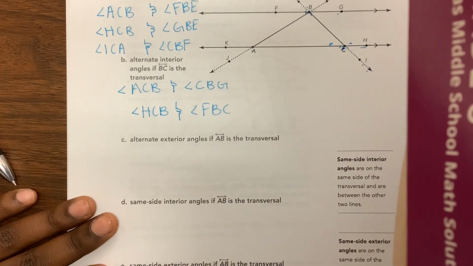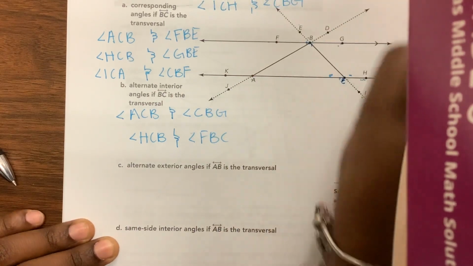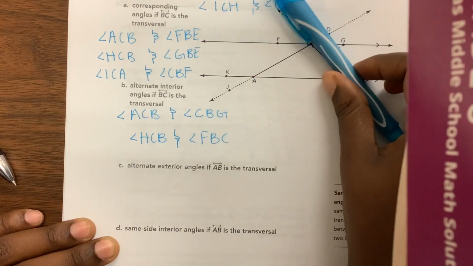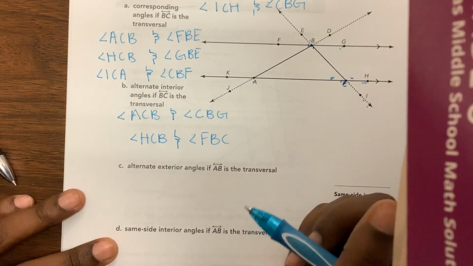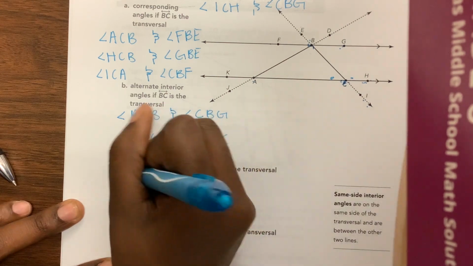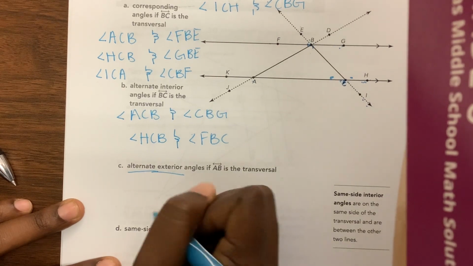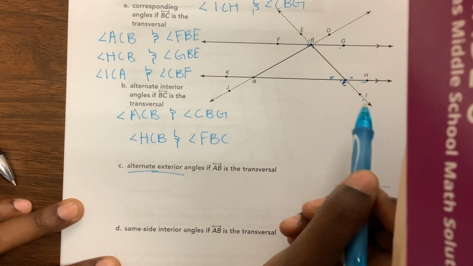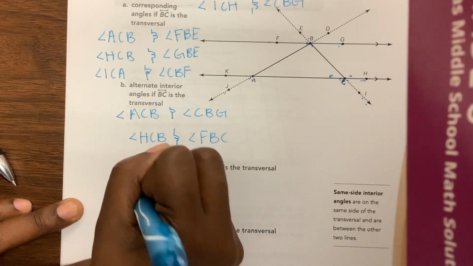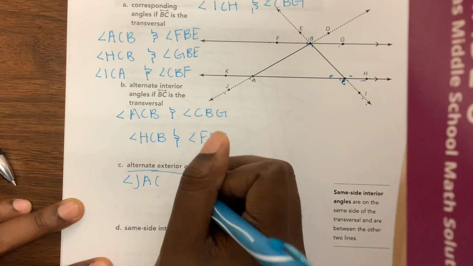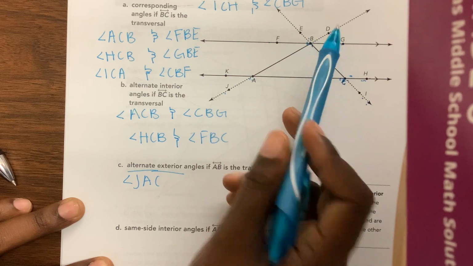Moving on to our alternate exterior angles. Now we're looking at AB being our transversal, so we're not looking at this line. If you need to put a pencil there or something to not see it, but we're only looking at this AB line. So alternate exterior angles, if AB is a transversal, we're going to say angle JAC is an alternate exterior with FBD.